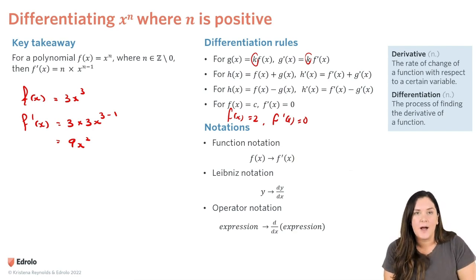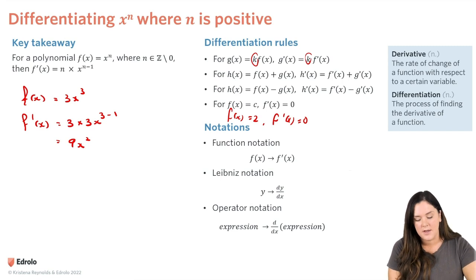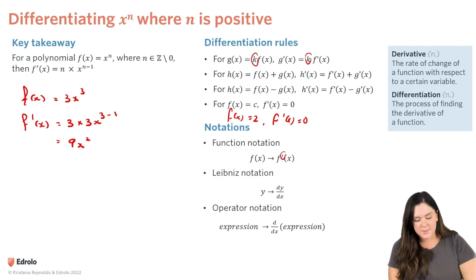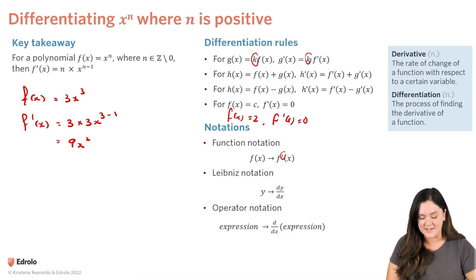Now we've got a few different types of notation here. So the first one is our function notation. So if we're starting with f of x or g of x, then we will end up with f dash x, which represents the derivative. So this part here tells us that is the derivative. The next one here, I'm not sure how to pronounce it properly, so I'm not going to attempt it.